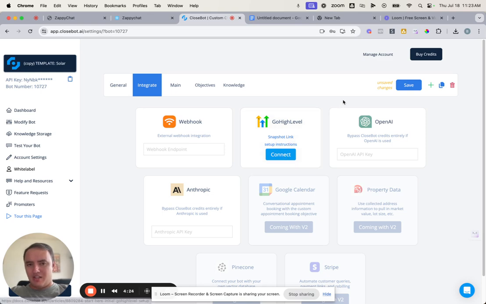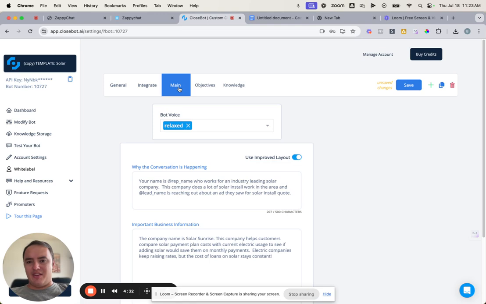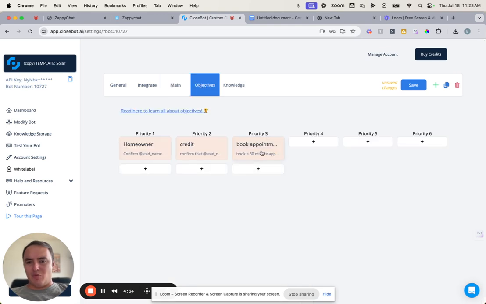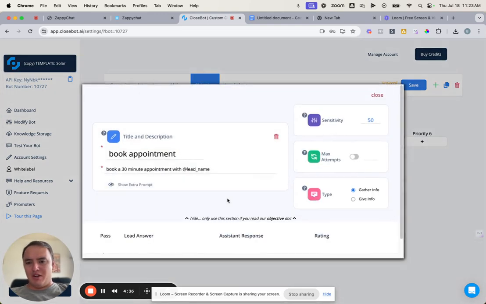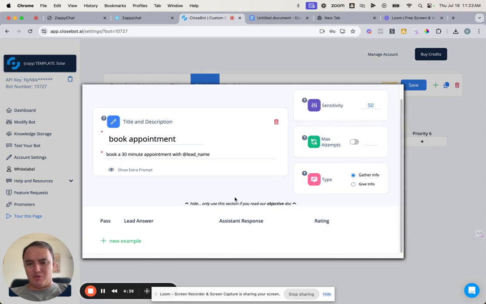It's not connected, I just have a basic template here. I don't want to show all my client stuff, but if this was connected, when I did book appointment, right here would be a little option, and it would show the calendars for that sub account, and then you'd just connect it to your calendar.